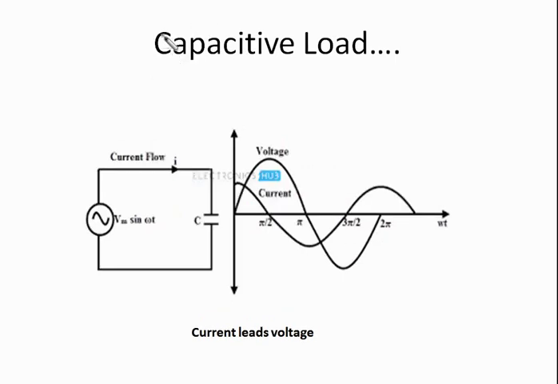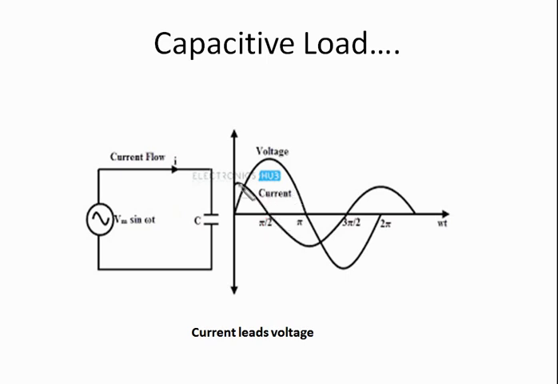Next is the capacitive load. In this circuit, the capacitor is applied to the voltage source and current I is flowing through the circuit. You can see the difference in the voltage and current waveform due to capacitive load. The current waveform is starting first before the voltage waveform, and there is a difference of angle pi by 2, that is 90 degree.